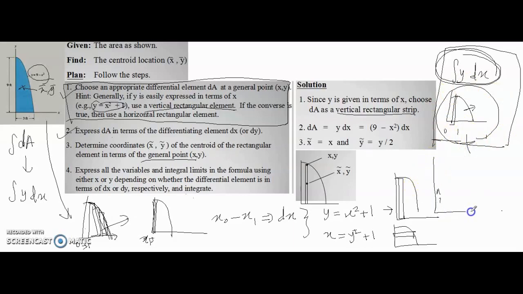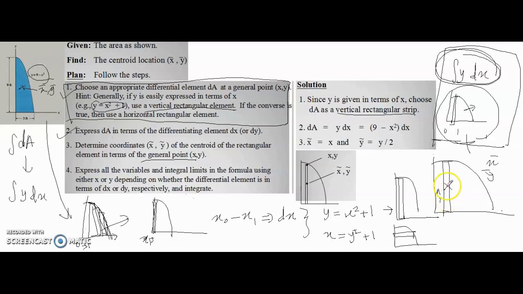If we have a function and then we decide to use the vertical rectangle element, we want to generalize the coordinate of x bar and y bar. For x bar, let's say we assume the center of gravity of the shape is in this location.